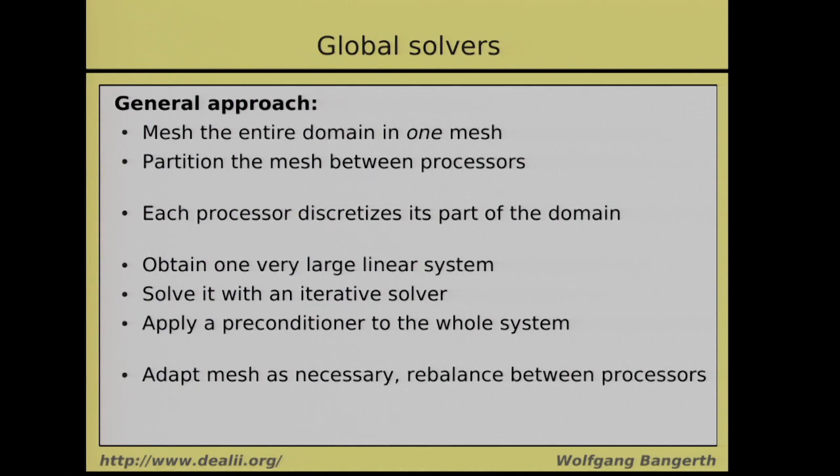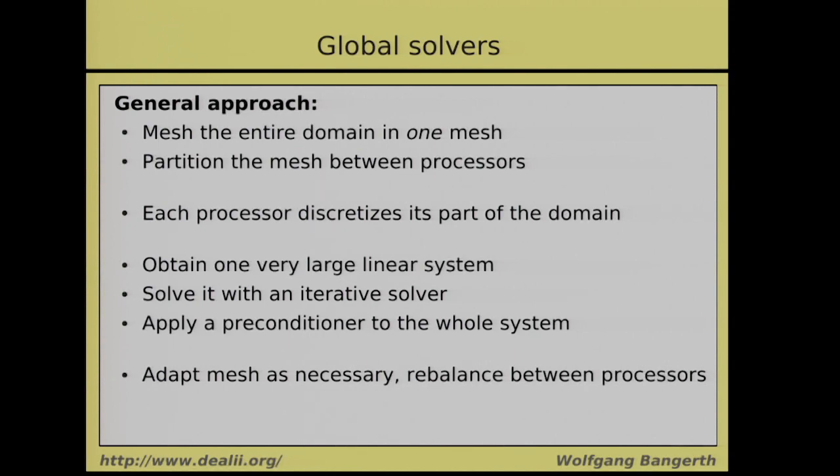So it's all part of the whole. What you get out of this is one very large linear system, possibly billions of unknowns. For problems of this size, you understand that we typically cannot use direct solvers, or at least not easily. So you want to use an iterative solver, and if you want to use an iterative solver, you need to have a preconditioner for it that applies to the whole big linear system. And I'm going to talk about these parts.